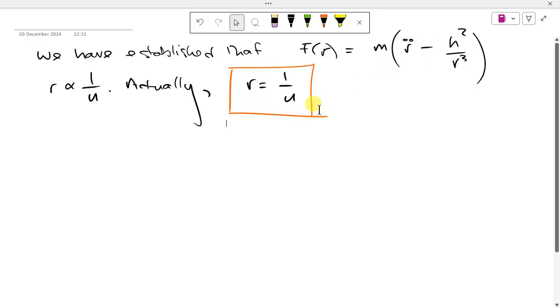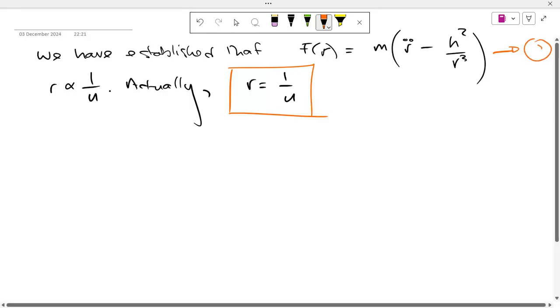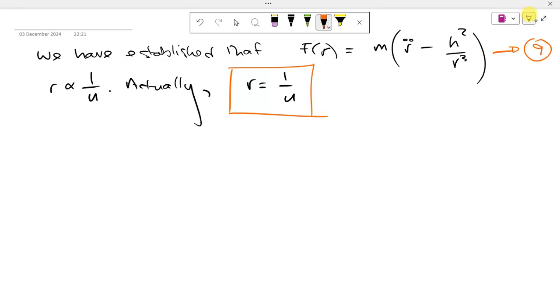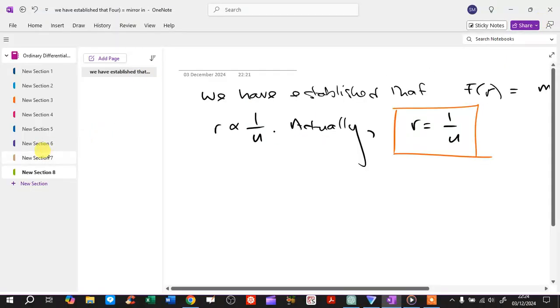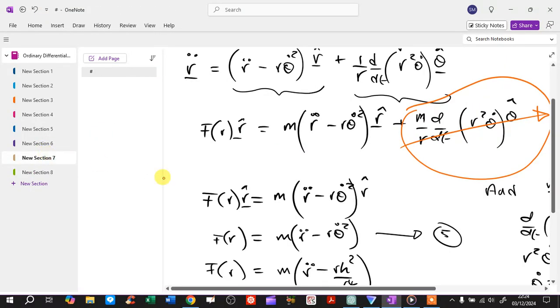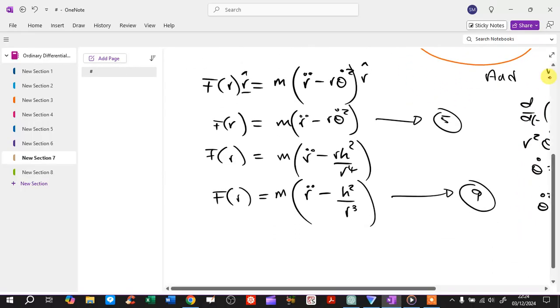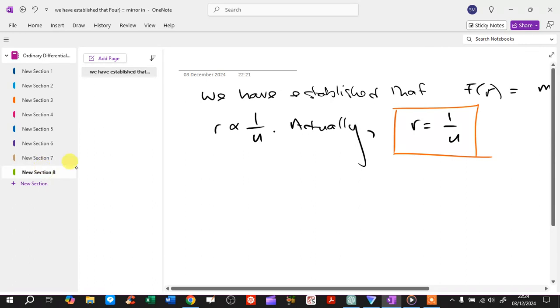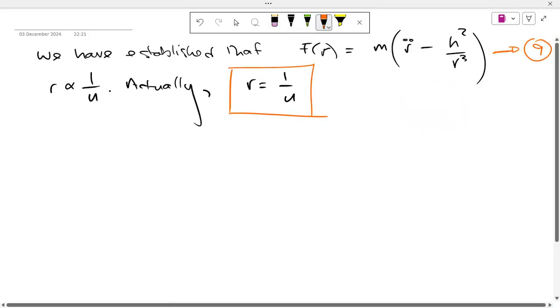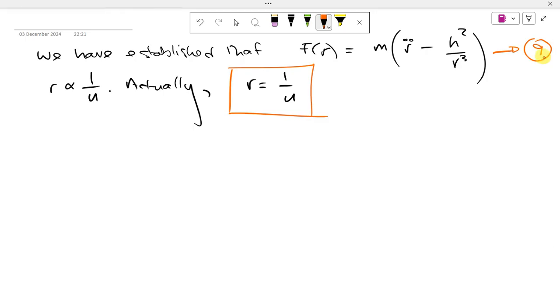Now, I think I said that this was equation 9, didn't I? I ought to check that. Section 7. Yeah, so that was equation 9, right? So we'll call this equation 10.